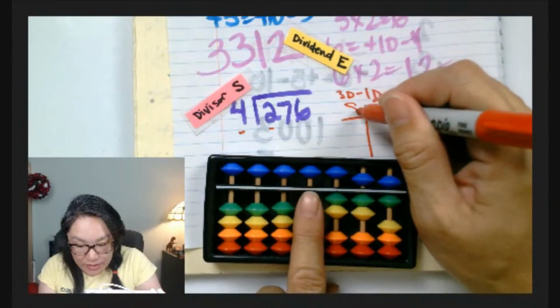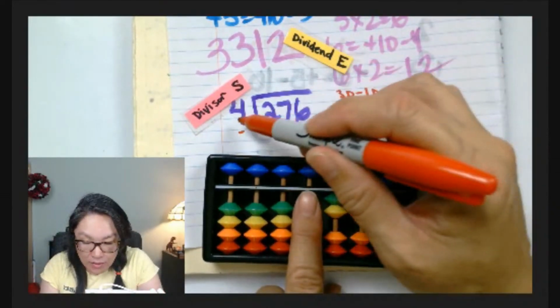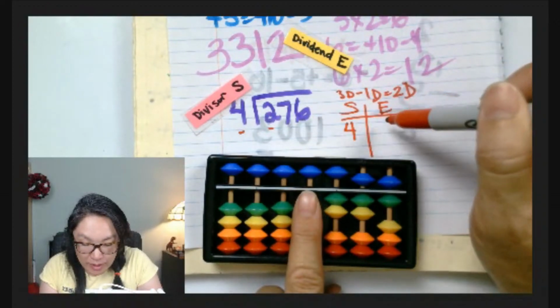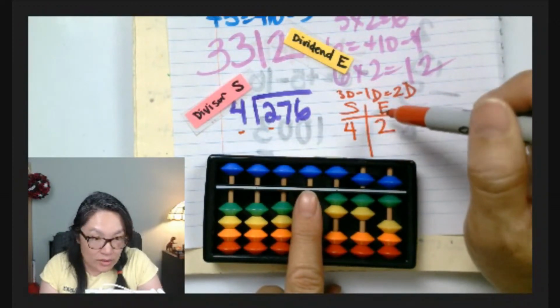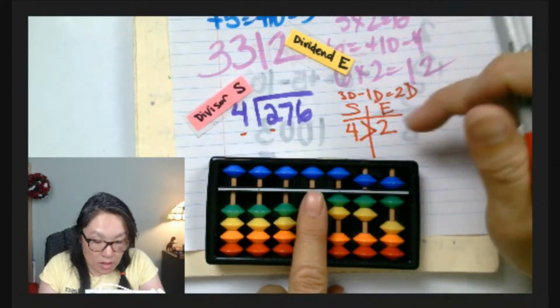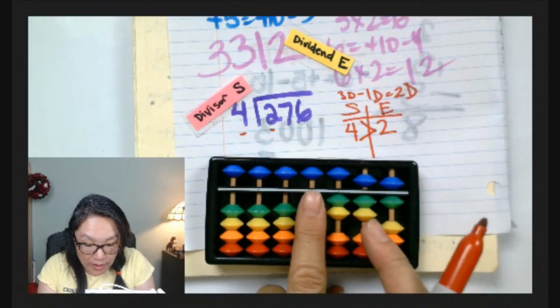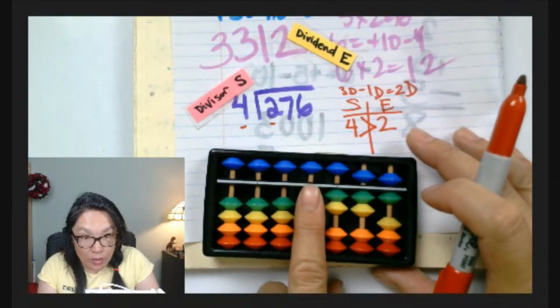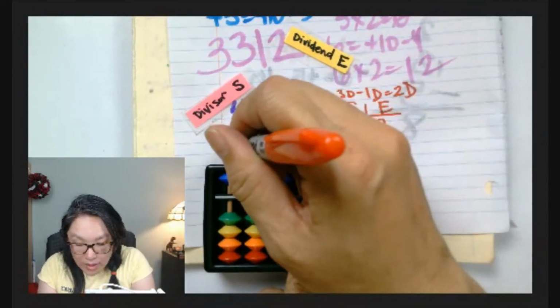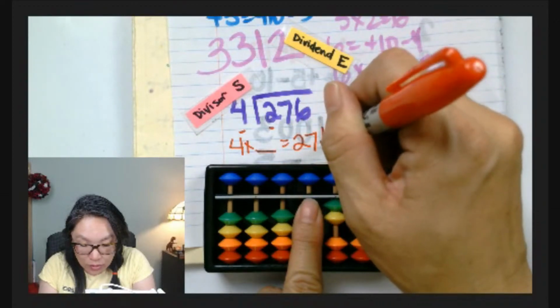Is my 4 bigger than 2 or less than 2? My 4 is bigger. So I'm going to take these 2 columns, the 2 and the 7. Now my question is, what times 4 is equal to 27 or less?